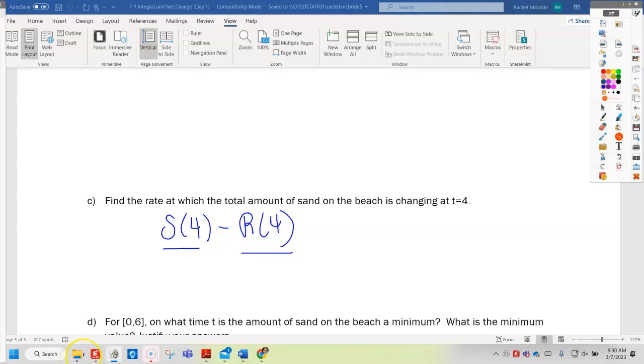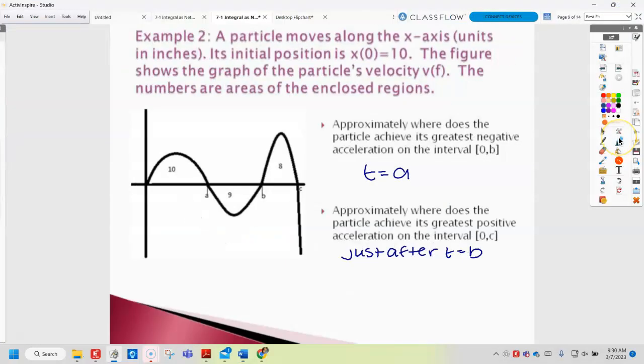Agree, disagree, so we can pull up my answer. Correct.